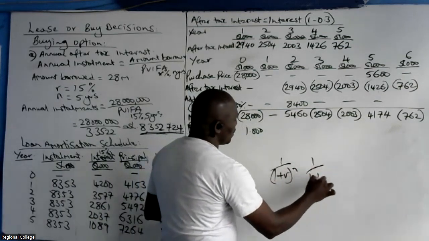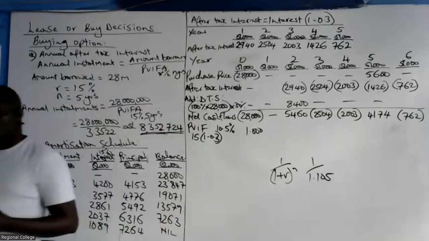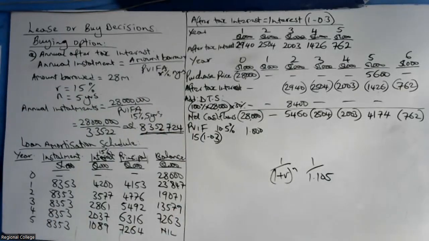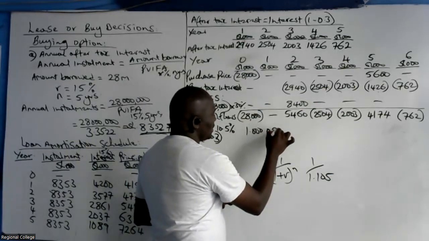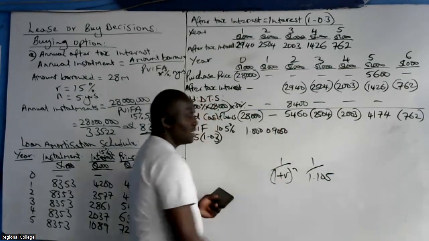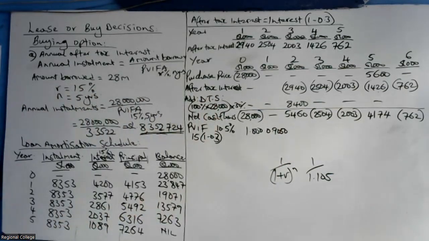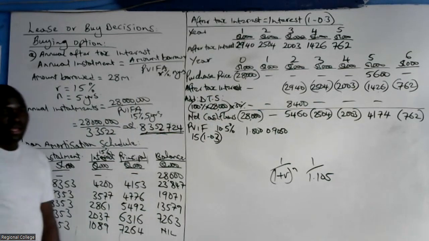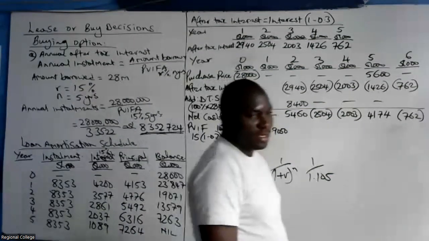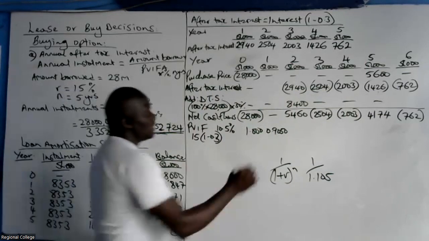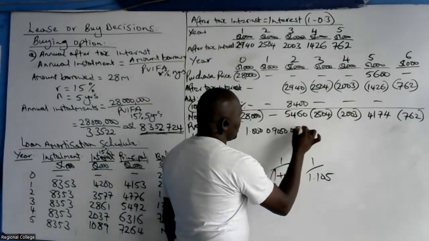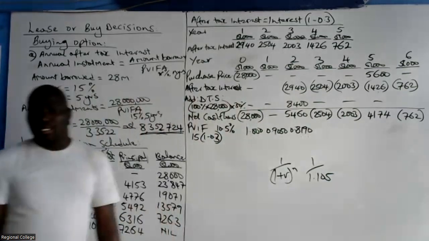So 1 divided by 1.105 gives 0.9050. Without clearing anything, divide by 1.105 again. You get 0.8190. Keep pressing equals.